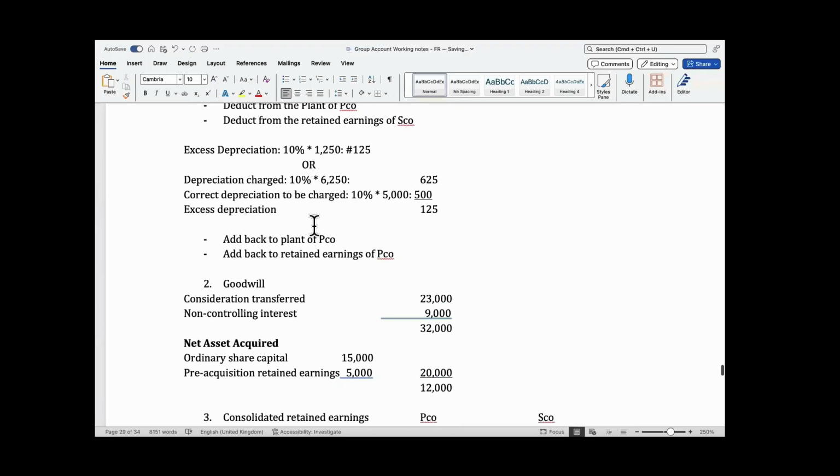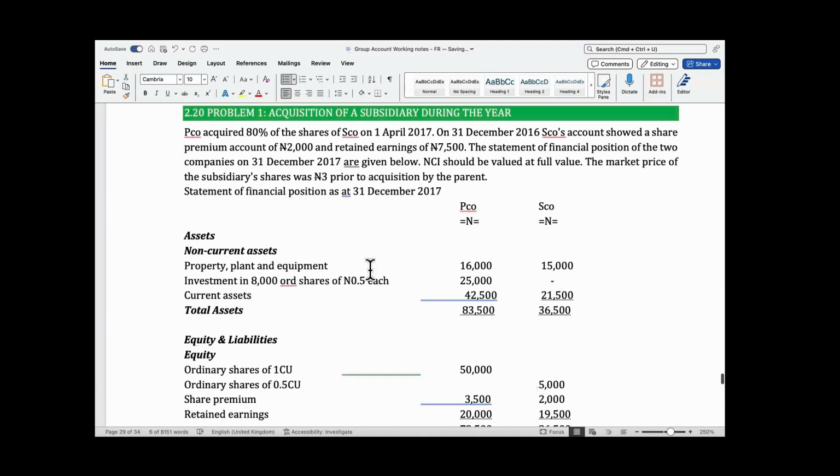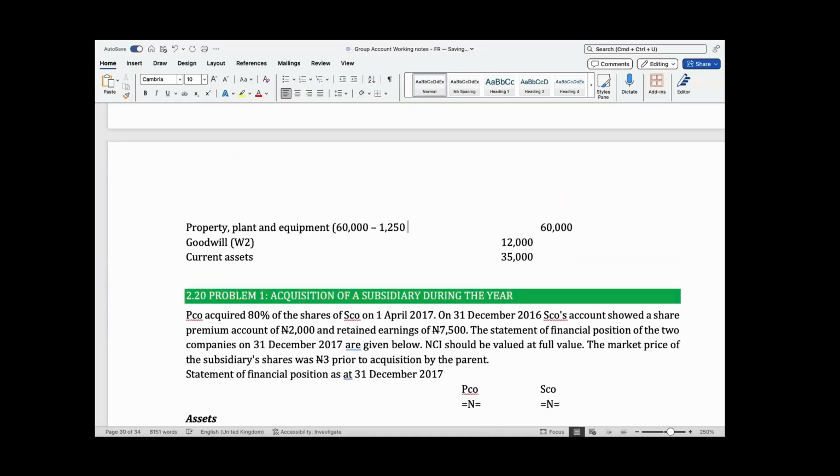And also, we added this 125 to plants. So what does it give us? 58,875.